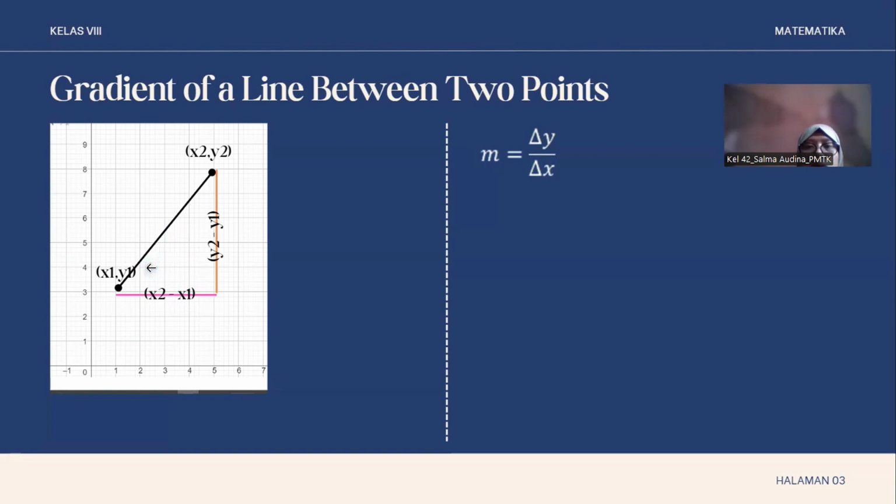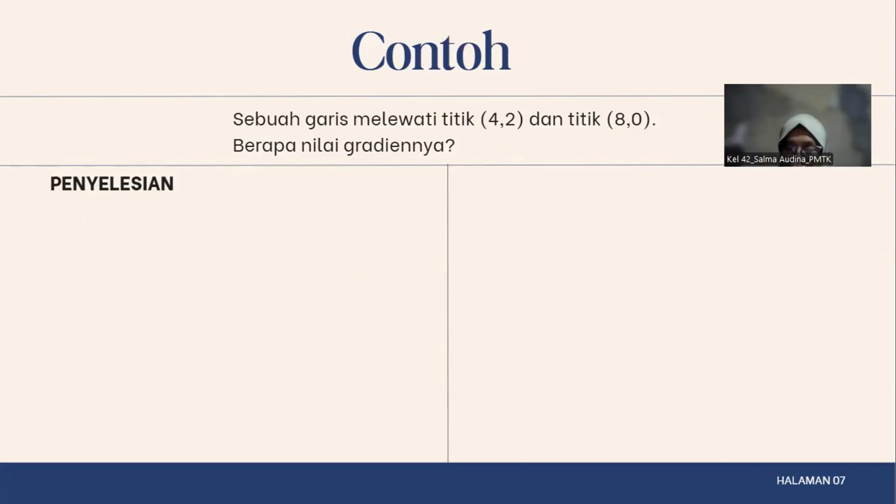So, delta y equals y2 minus y1, and delta x we can write as x2 minus x1. So, this is the formula if we want to know the gradient of a line between 2 points.